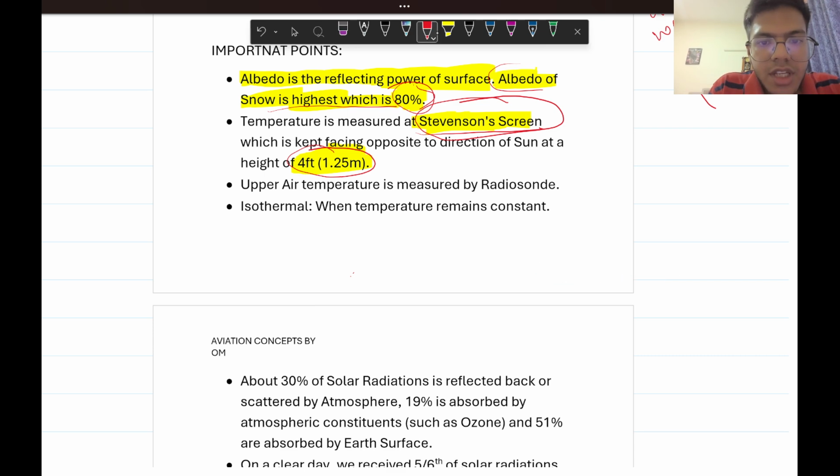And it is kept facing opposite to the direction of the sun. Now guys, you will ask me why it is opposite to the direction of the sun and why it is not at ground level, why it is 4 feet above.